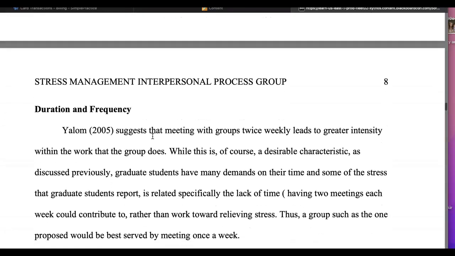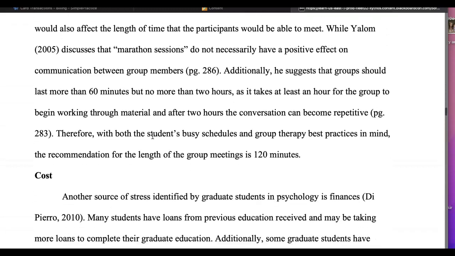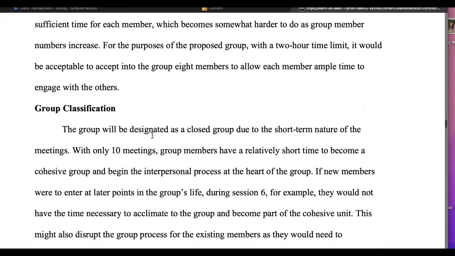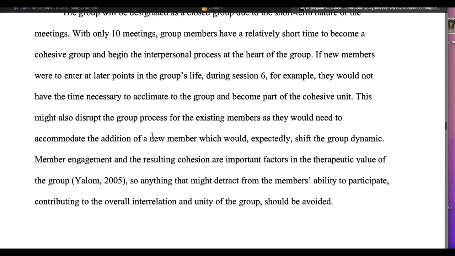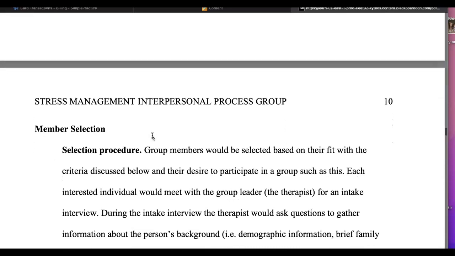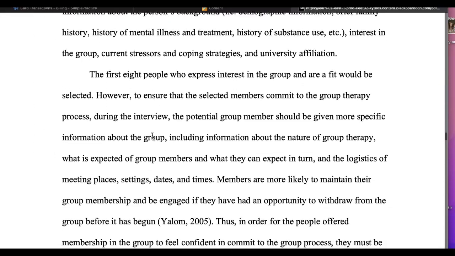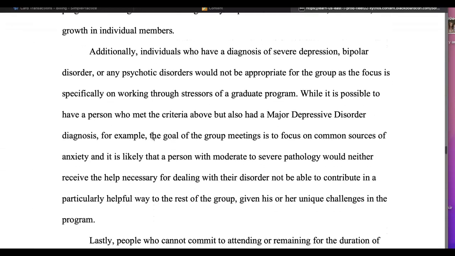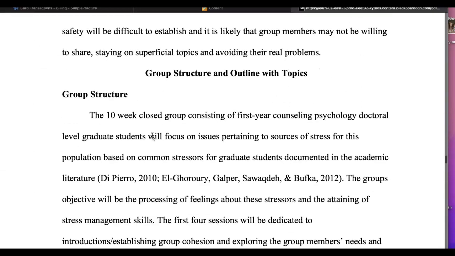That's important. You're going to talk about the duration and frequency, how often the group would meet, the cost of the group, size of the group, classification, and then member selection, how you want to select members, and if there are any people that are not going to be included.